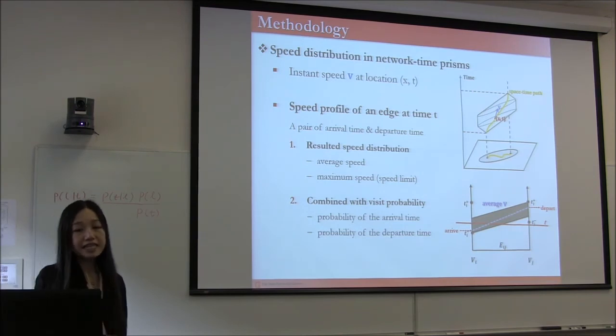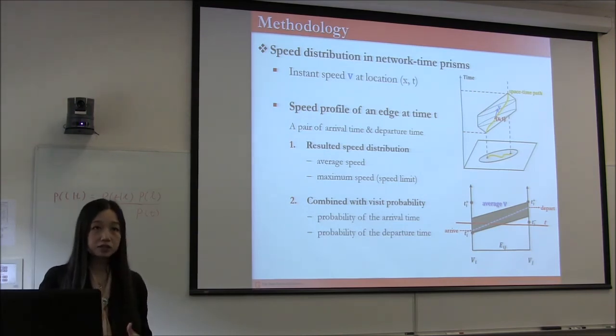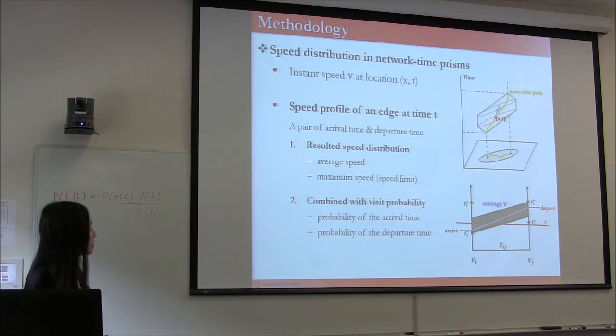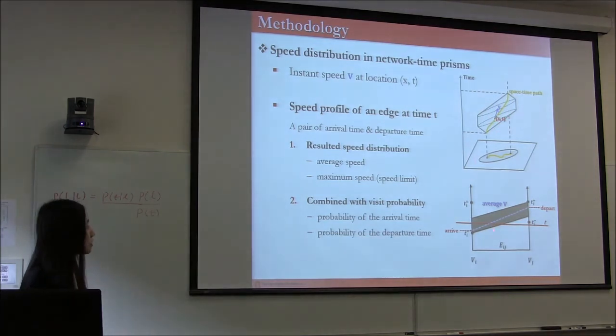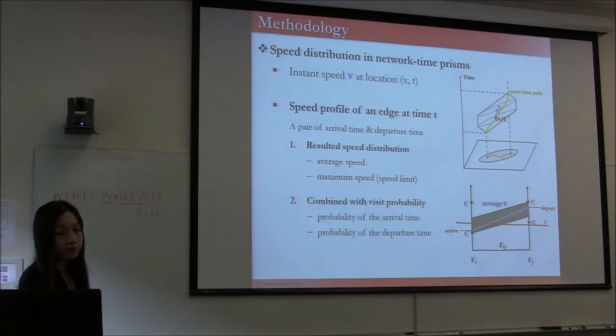We focus on the network time prism because we want to look at the mobility-related cost for the vehicles. So just a little bit of recall, we have an instant speed and velocity allocation at that space-time location. And for the network time prism, what we try to look at is the speed profile of that edge at a given time.